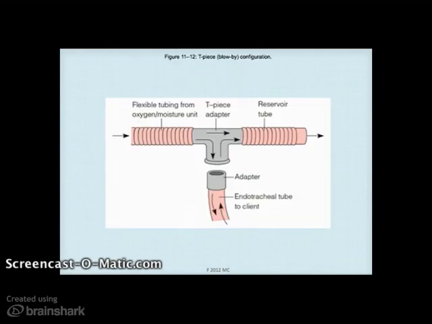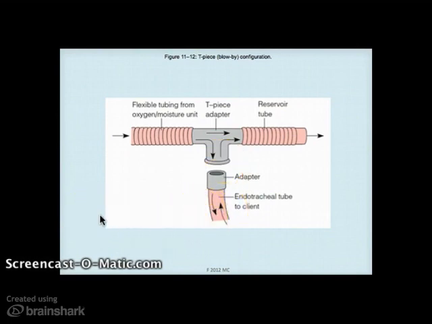So this is a T-piece, and as I said, it's called that because here we have a T. One end of the tubing is attached to oxygen, and the other end of the tubing is just open to air. Then this goes into the patient's endotracheal tube.